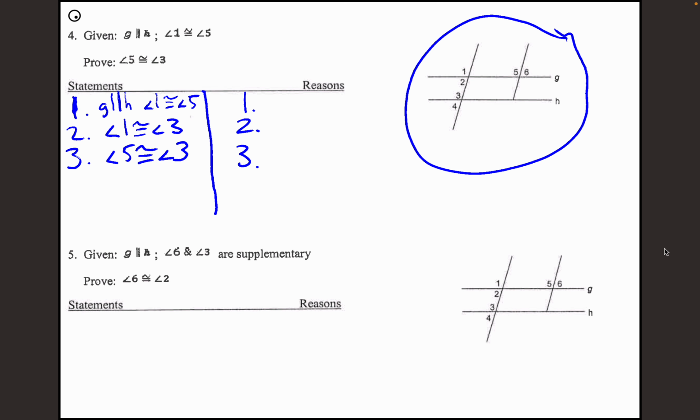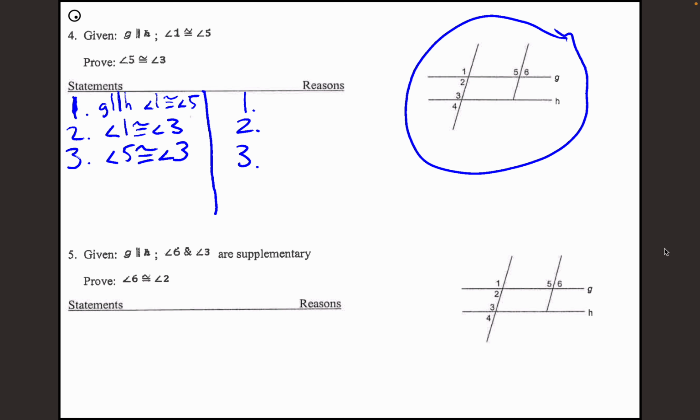I'm lost. How can we figure out 1 and 3 are congruent? Well, yeah. But how do we know that? What's our reason? Use this. What 2 numbers are just like 1 and 3? Are those in the same spots? 1 is 5.